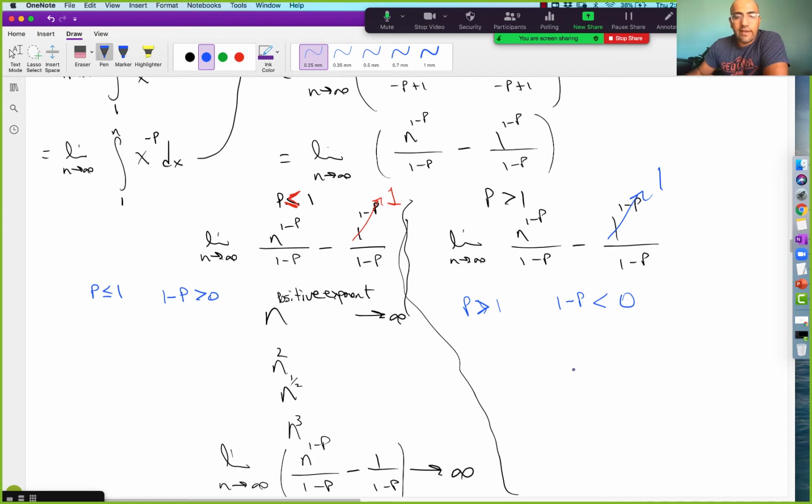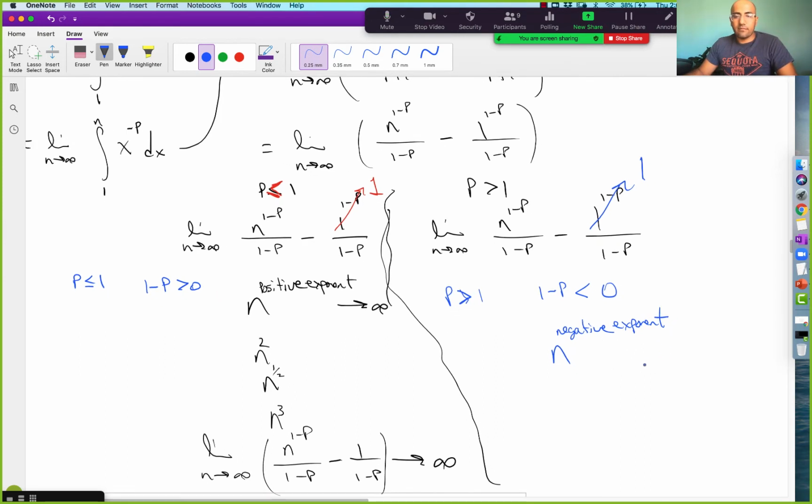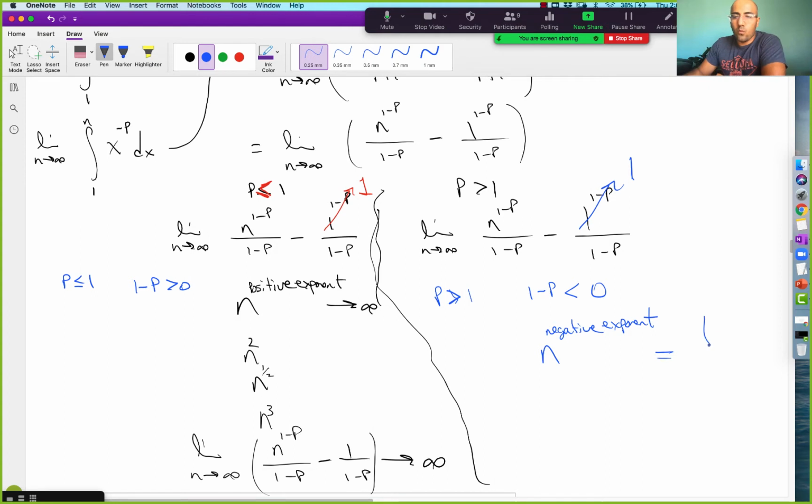And anytime we have n to the power of a negative exponent, we flip that and rewrite it as 1 over n to the power of a positive exponent. For example, n to the negative third power is 1 over n to the positive third power.